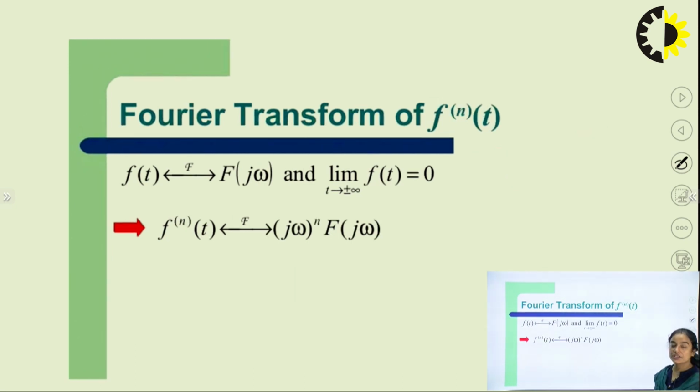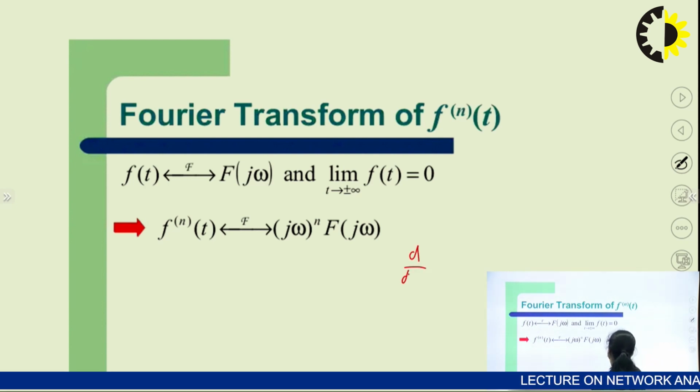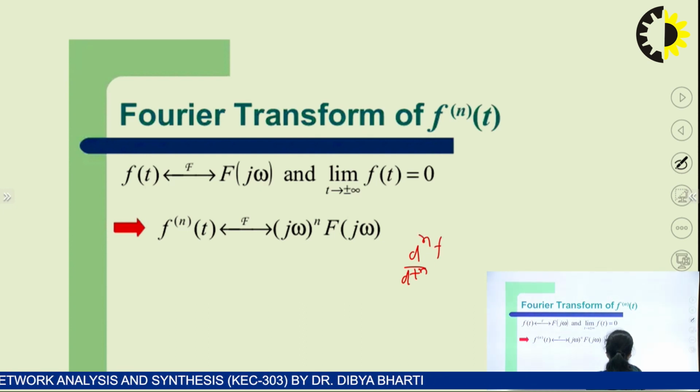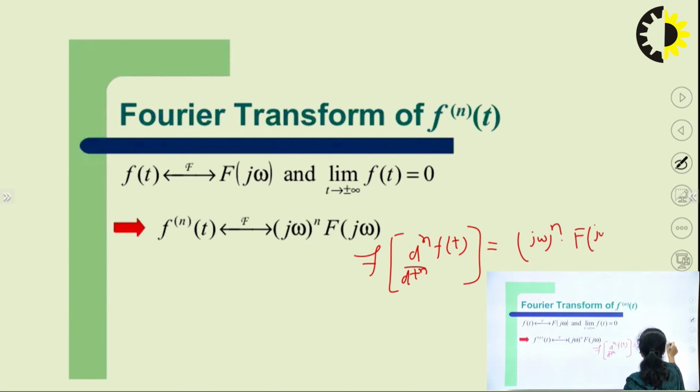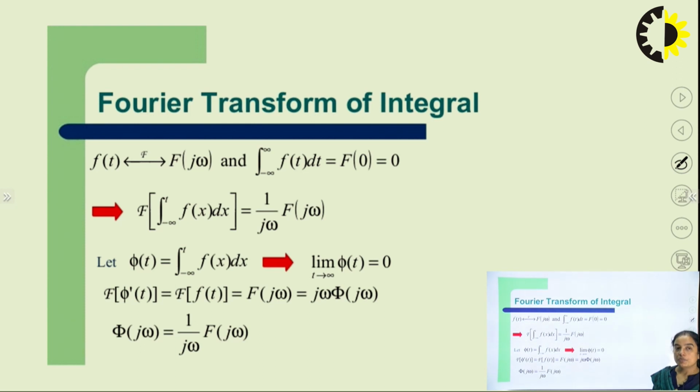So this is the generalized property of the Fourier transform for differentiation. Suppose this is the nth derivative of the function; then the Fourier transform of this will be (j omega) to the power n F of j omega.